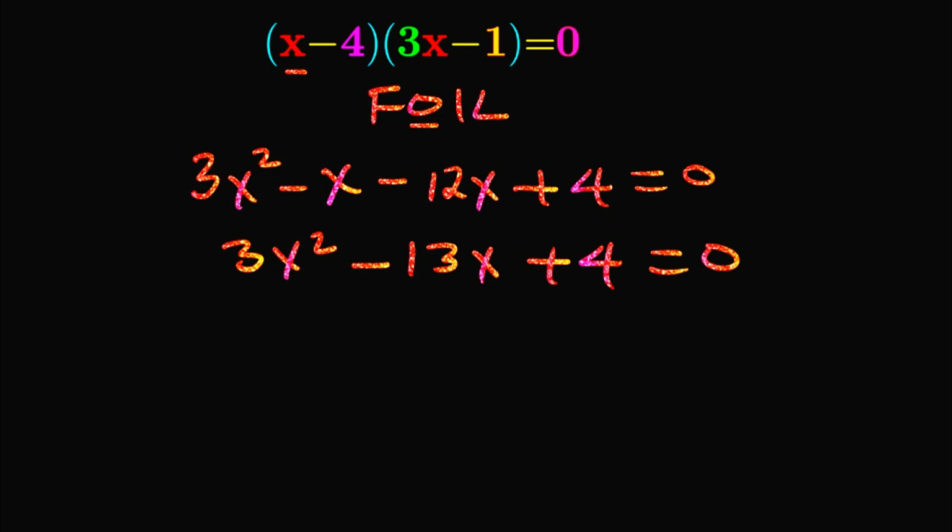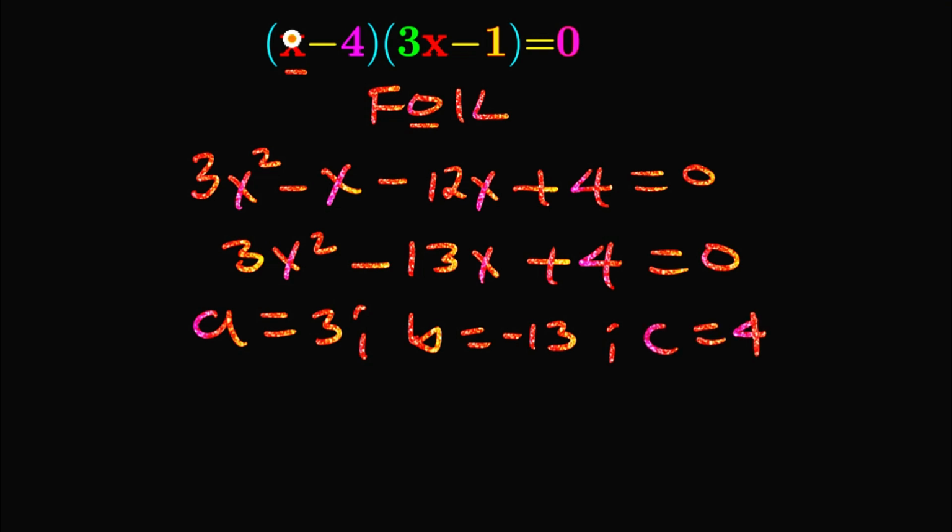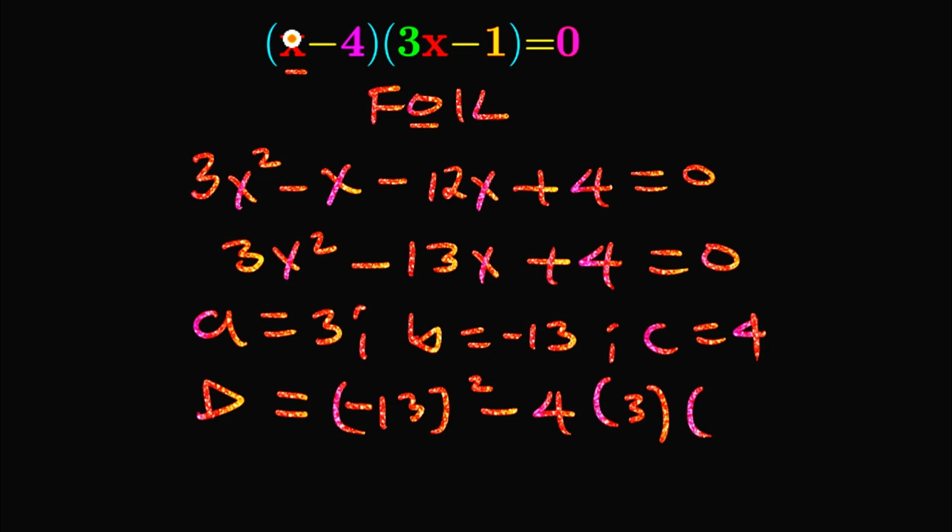Now we can see that a is 3, b is negative 13, and c is 4. The discriminant will be b squared, that is negative 13 squared, minus 4 times 3 times 4. Negative 13 squared is 169, minus 4 times 3 times 4, which is 48.